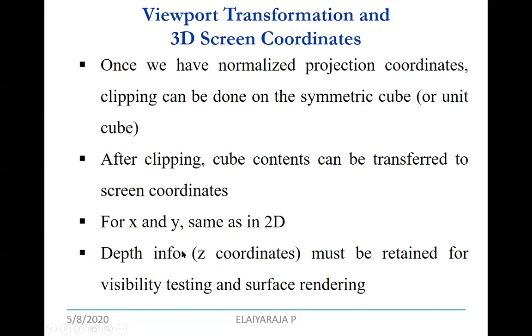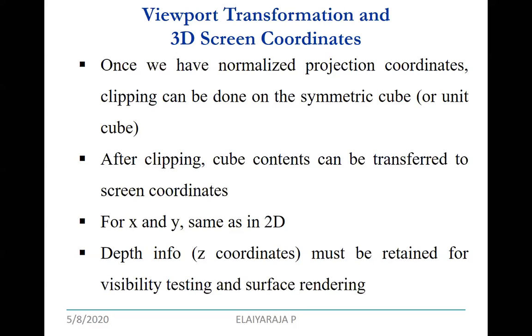For that we have various algorithms with respect to your depth value, to check the visibility. To do the visibility testing as well as surface rendering, we have various algorithms. For example, you can classify two different algorithms: z buffer as well as backface. That we'll see in detail next.